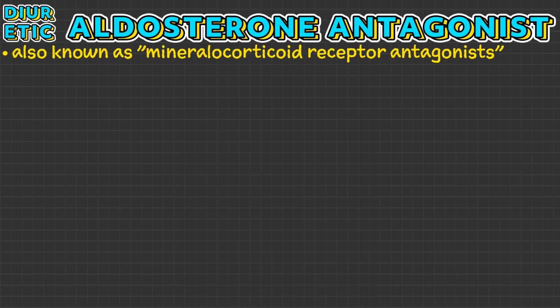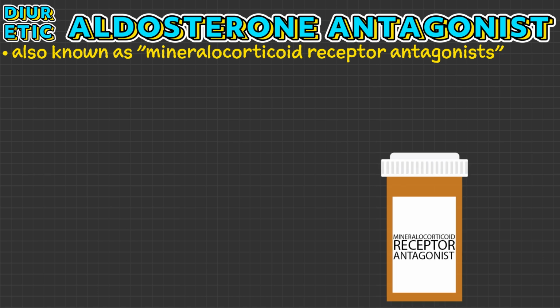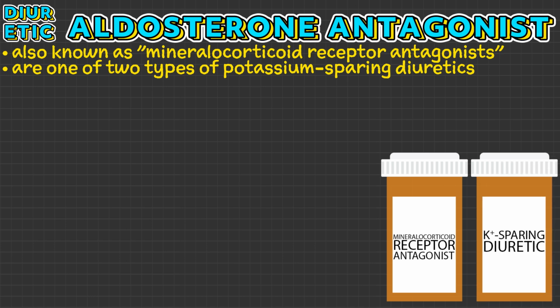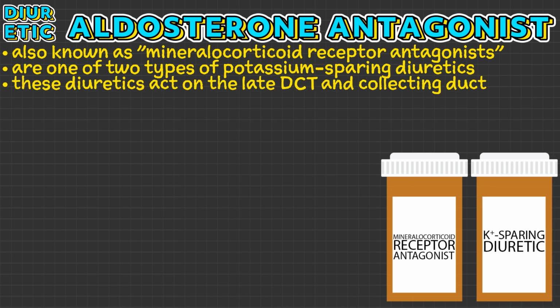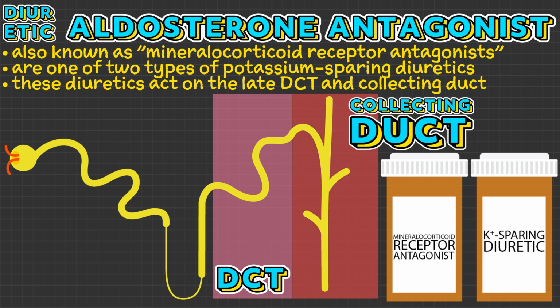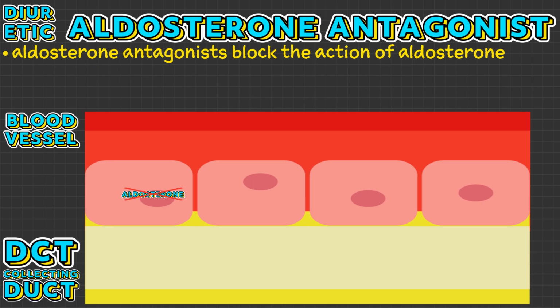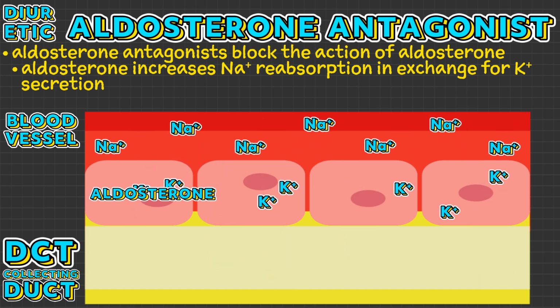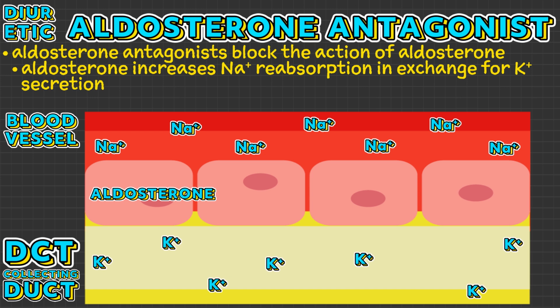Aldosterone antagonists, also known as mineralocorticoid receptor antagonists, are one of 2 types of potassium-sparing diuretics. These diuretics act on the late DCT and the collecting duct. They block the action of aldosterone, a hormone that normally increases sodium reabsorption in exchange for potassium secretion, or the movement of potassium from the bloodstream into the filtrate.